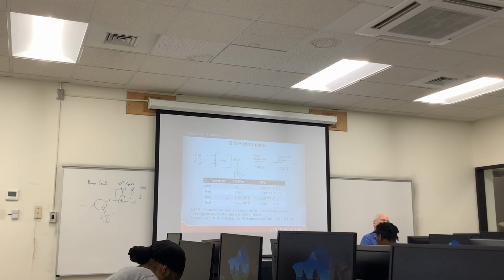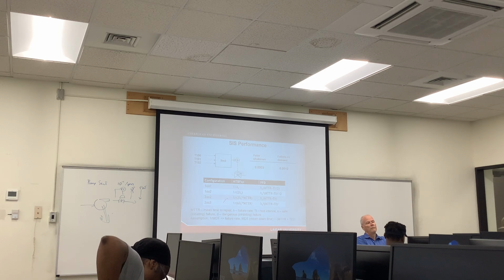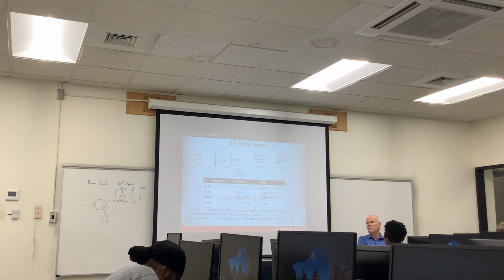So what you do most commonly is you have three measurements, and you do 2 out of 3 voting. That reduces the false shutdown and the failure on demand both over a 1 out of 1 voting system. Has anybody ever seen a 2 out of 3 voting shutdown system? Virtually every plant, that's what they do.